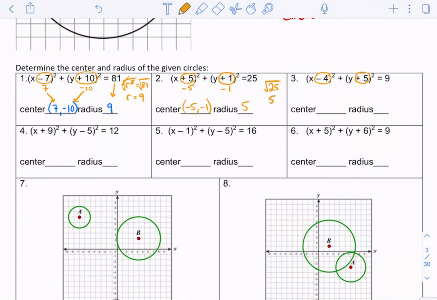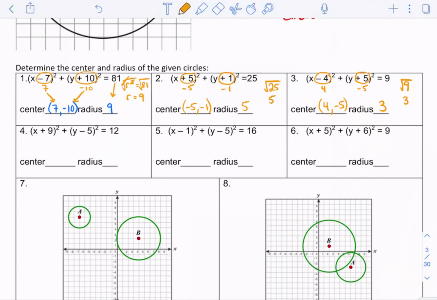Okay, so opposite of -4, +4. Opposite of +5, -5. And the square root, my picture is over it. What is that number? The square root of 9 is 3. It's nice when the numbers work out evenly.